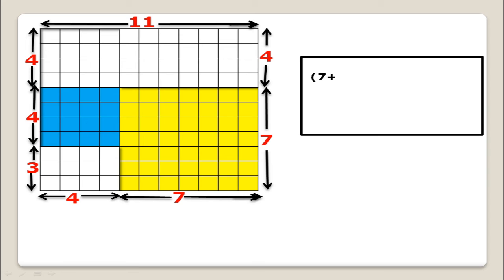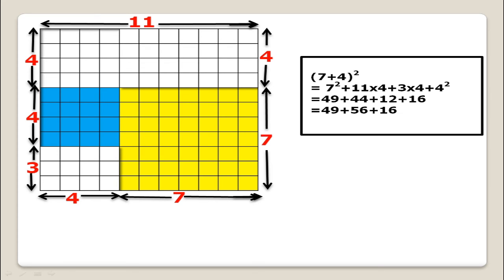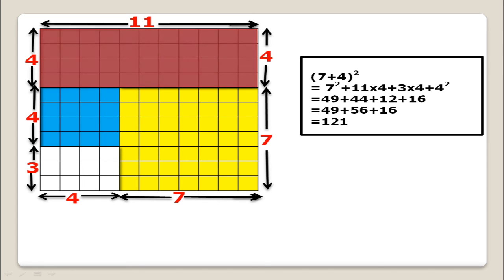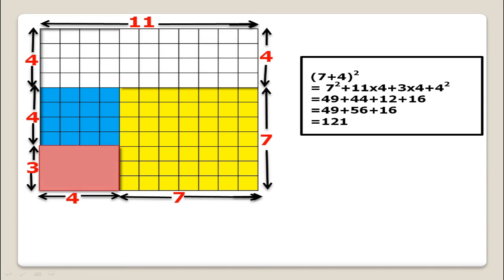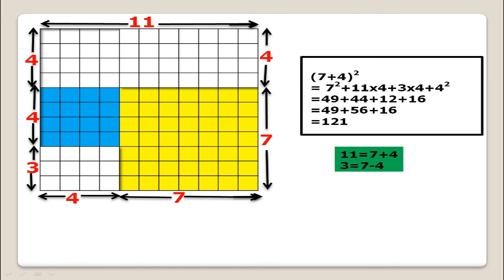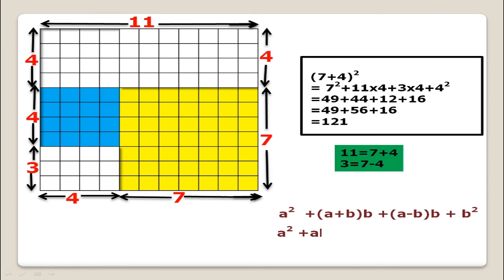That is why we don't have the same variables on each side. And now we need to express the rest of the variables in terms of a and b, which are 7 and 4. And when we try to do it algebraically, it's so beautiful and we can express it. But geometrically, we don't consider it a proper configuration of proper expansion of (a plus b).